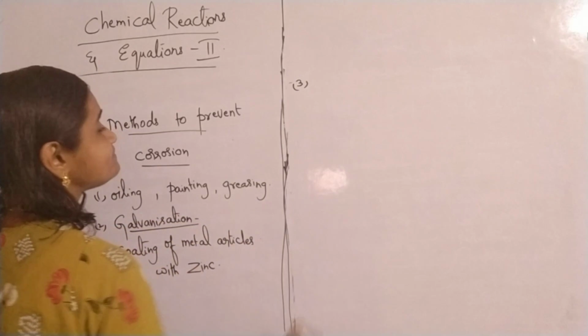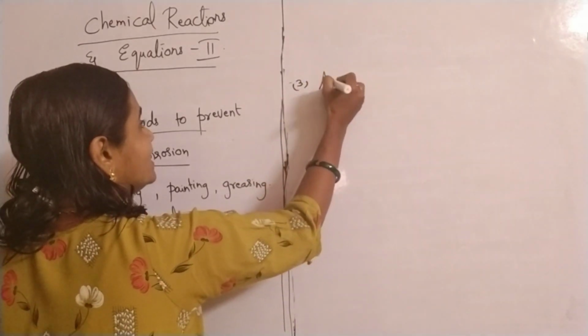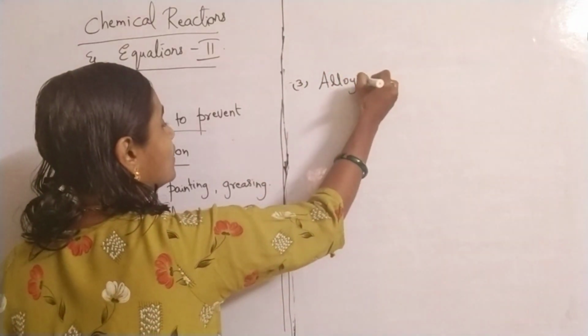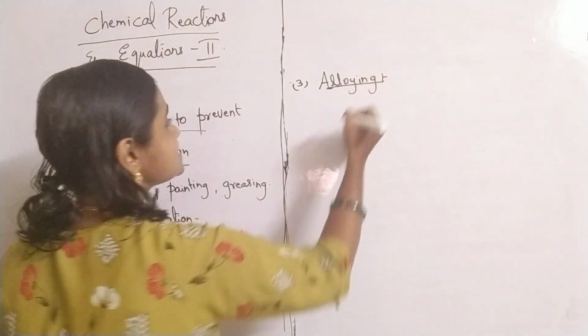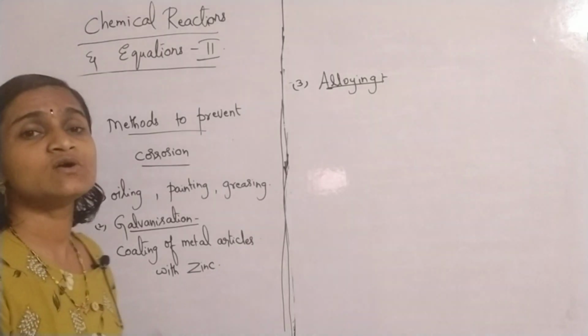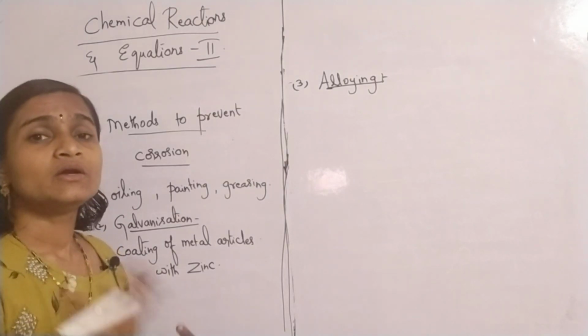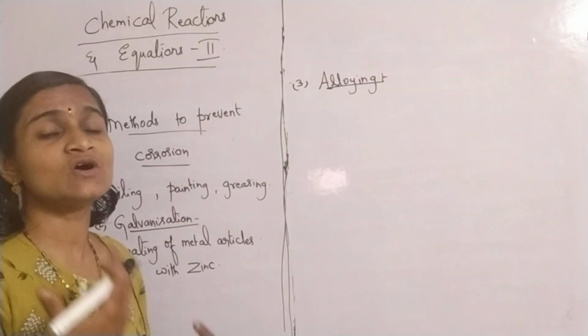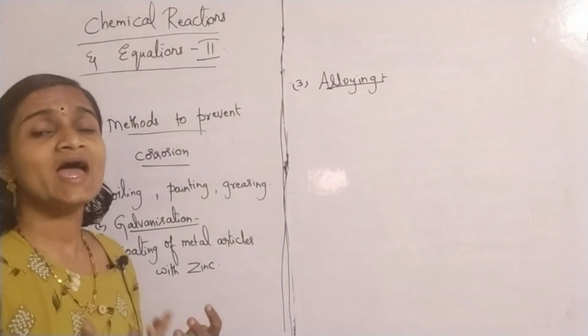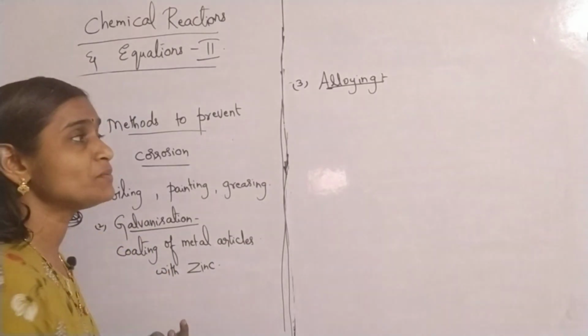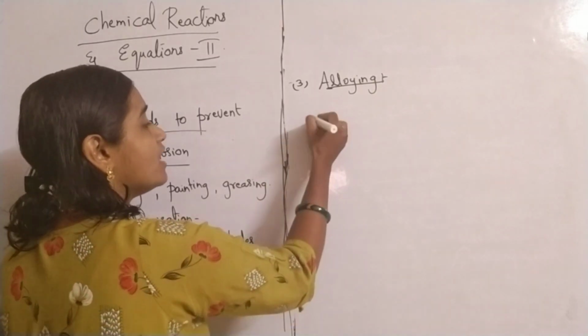And next we have alloying. Alloying is mixing of two or more metals to give a bright finish or to improve the properties of that metallic substance. That process is called alloying.